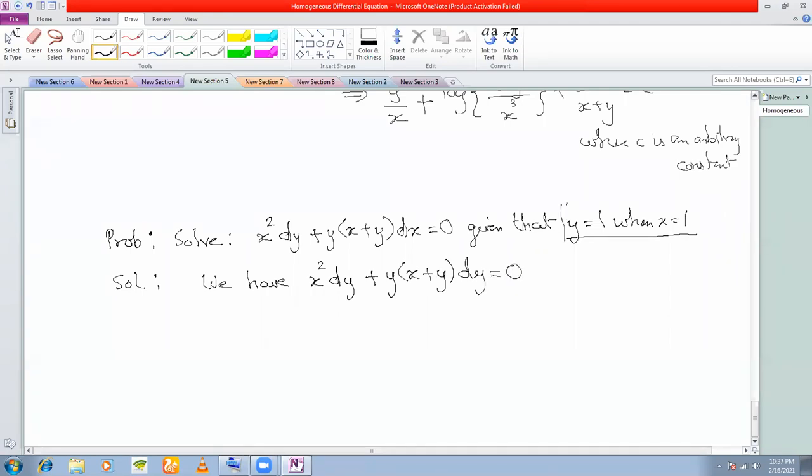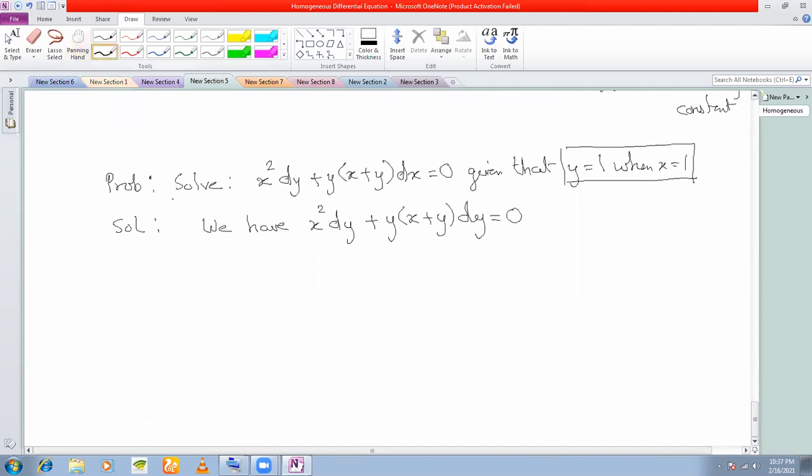The boundary conditions such as these are given so that you can find out the particular solution. But before finding out the particular solution, we must find out the general solution, right? So now see, first we shall find dy by dx here. So we can write this as x squared dy by dx, dividing both sides by dx, plus y into x plus y is equal to 0.